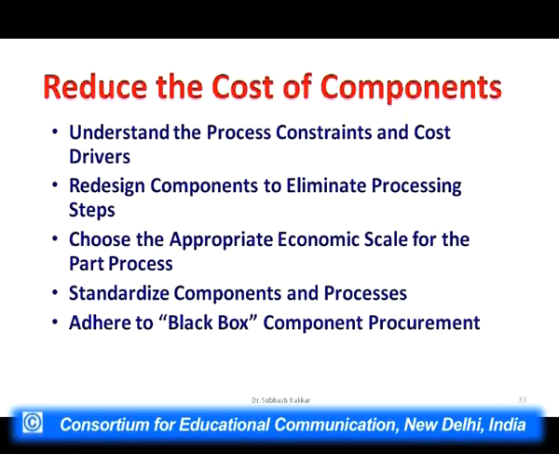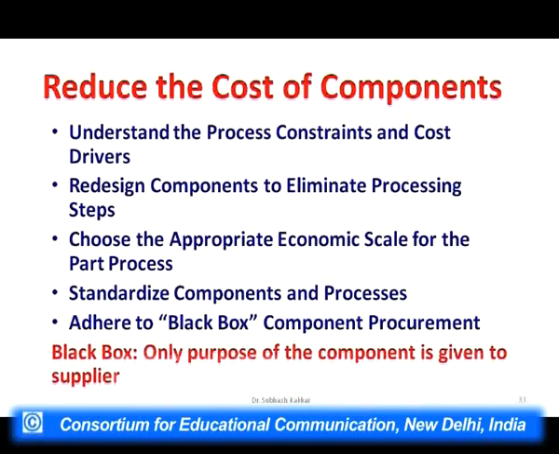Items which are increasing the cost should be looked into thoroughly and their cost be reduced. Redesign components to eliminate processing steps. Choose the appropriate economic scale for the part process. Standardized components and processes adhere to black box component procurement.